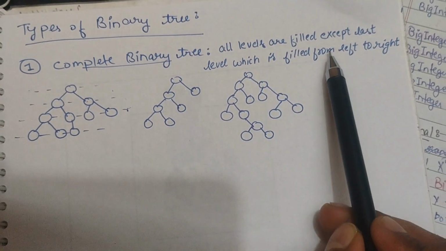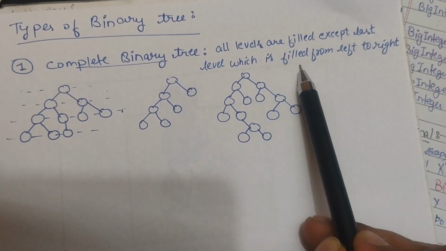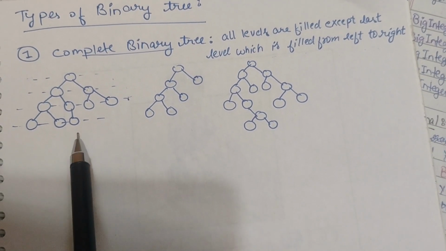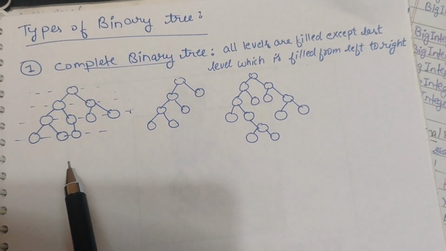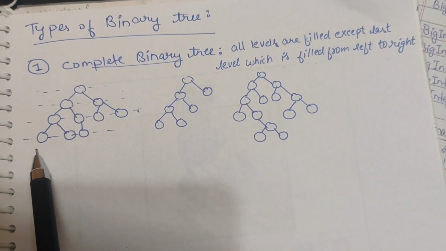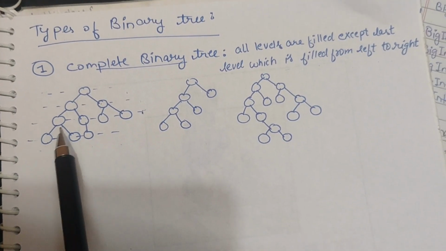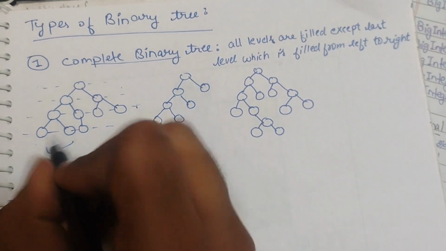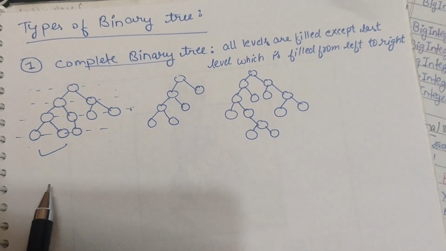And it says that except the last level, the last level may or may not be filled, but it should be filled from left to right. That is, it should be filled from this direction, from left to right. We can see that these nodes are filled. Okay, so we can see that yes, it is a complete binary tree.